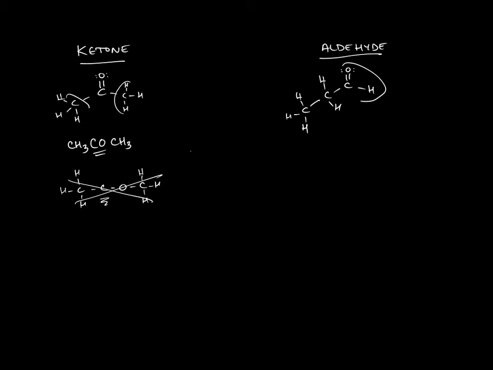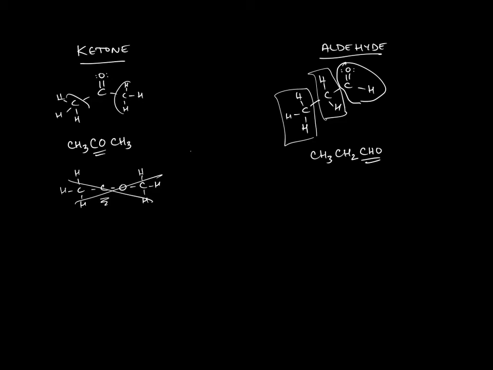And aldehyde, likewise, let's do a CH3 followed by a CH2. And then the way we write the aldehyde group at the end is to write a CHO. So a CHO at the end indicates that we have an aldehyde. A CO in the center indicates that we have a ketone.